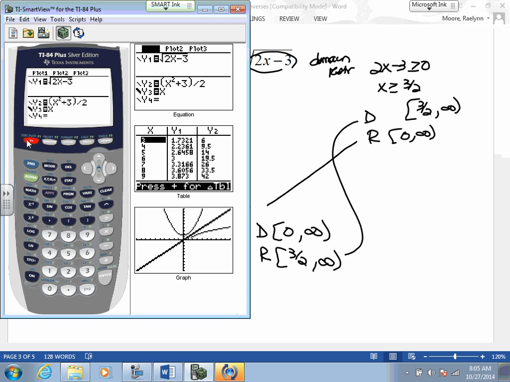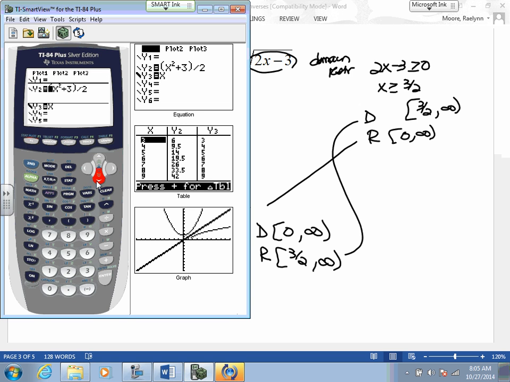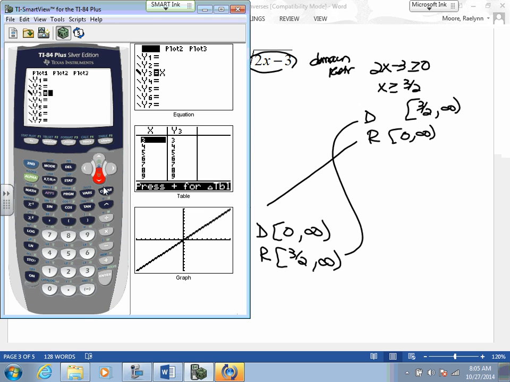Alright, so we're going to get rid of everything that you had. Let's start fresh. We're going to let your calculator draw your inverse. We're going to come up here, and you're going to put your equation in. And then just follow the steps I gave to you.